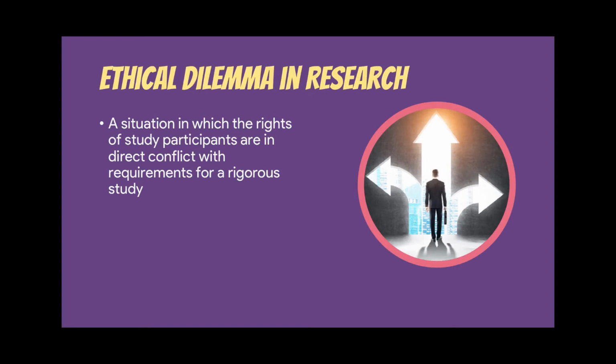And therefore, it is important that while we want our research studies to be very rigorous, very reliable, very valid, that we are designing our research so that we'll be able to test the relationships that we want to test between the variables, we also have to make sure that in the process, all the study participants are protected and their rights are being enshrined.